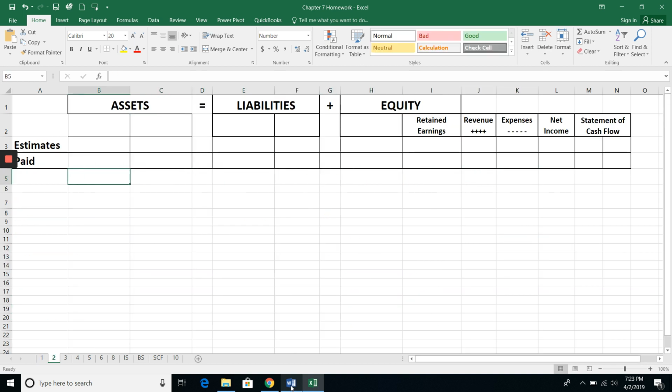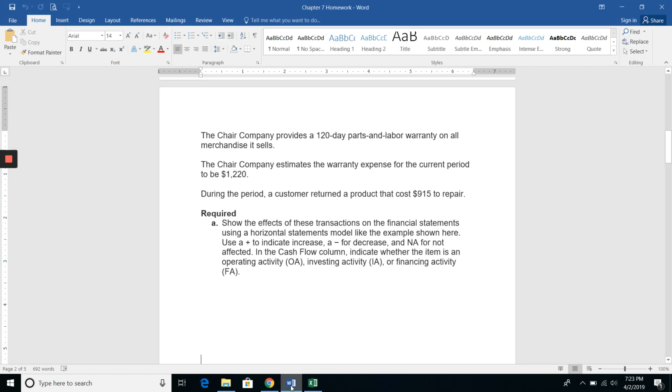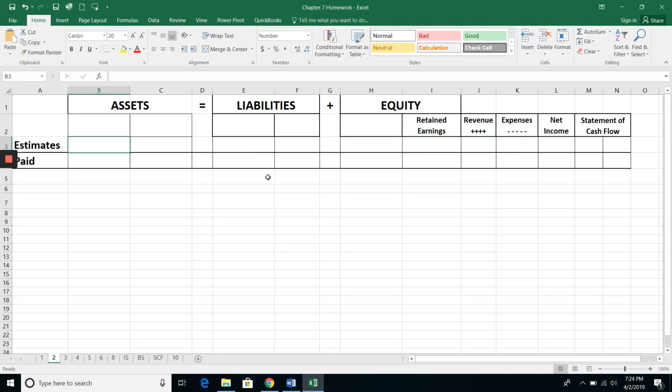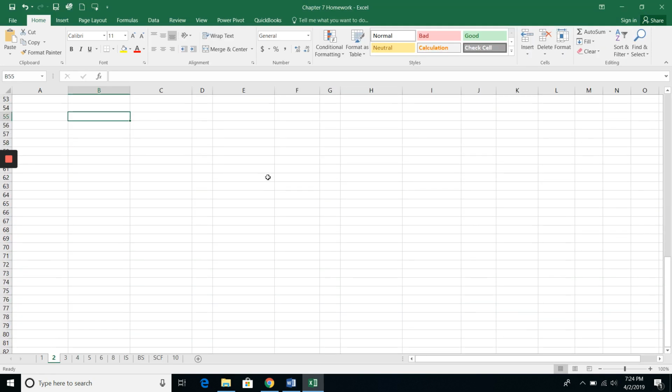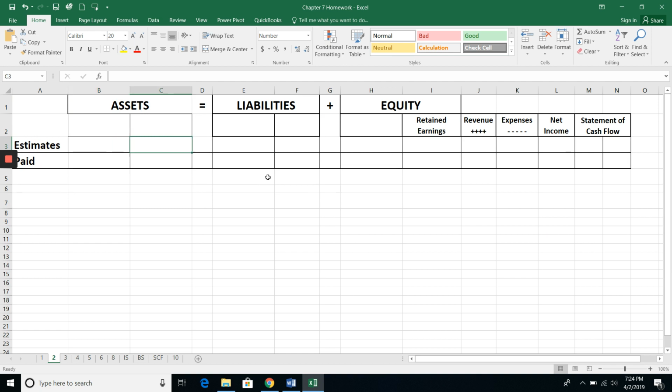The estimate of the warranty. So we're expecting that we're going to have to pay $1,220 in warranty expense during the coming period. So to set that up, we would have our liabilities would increase.